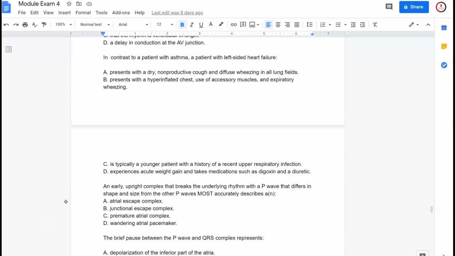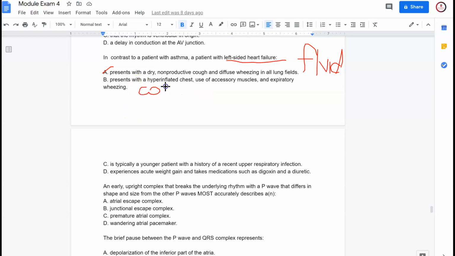In contrast to a patient with asthma, a patient with left-sided heart failure will present with a dry, non-productive cough and diffuse wheezing. No, patients with left-sided heart failure also have a fluid problem. Hyperinflated chest, accessory muscles, and expiratory wheezing.